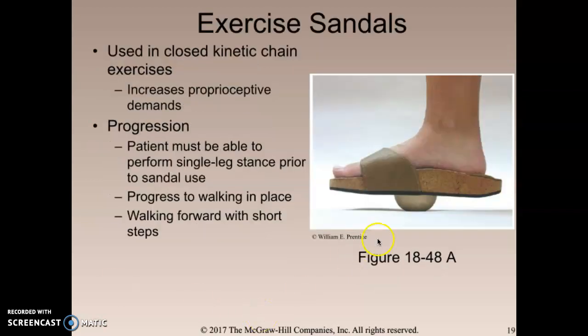There's other ones like these sandals that you can use where it's an unstable surface to stand on. These are all good for balance and for proprioception and for neuromuscular control, really using those intrinsic muscles to control and balance yourself.